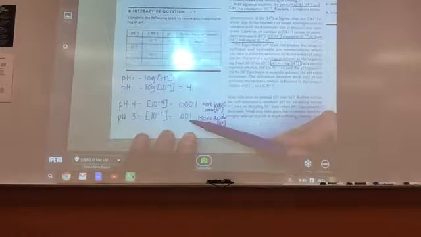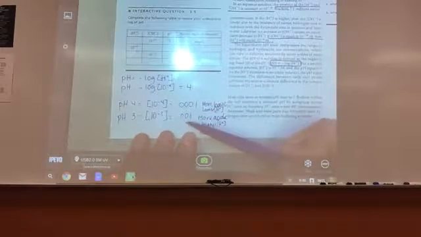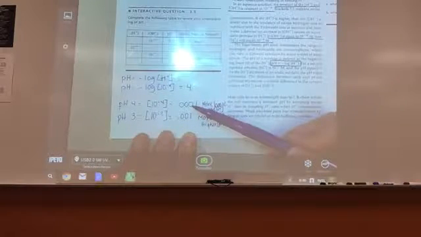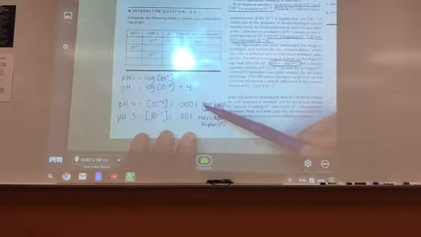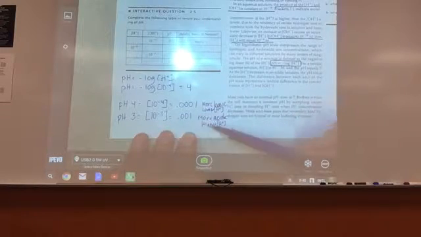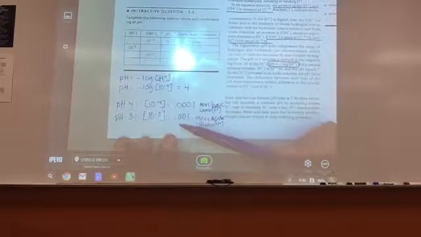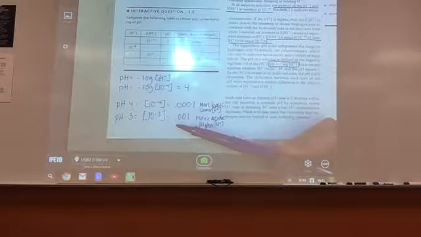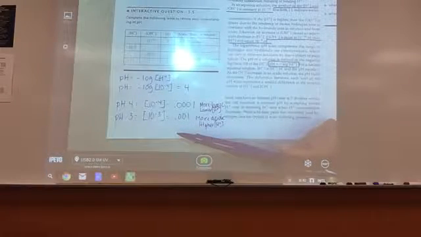And if you look here, 0.001 or 10 to the negative 3, is that a bigger number than 0.0001? Absolutely. And that's why as you go down the pH scale from 4 to 3 to 2 to 1 and so on, it becomes more acidic, because the concentration of hydrogen ions is higher.